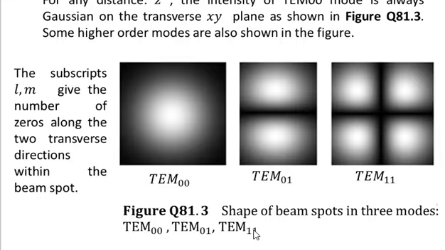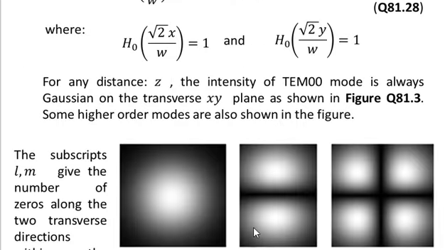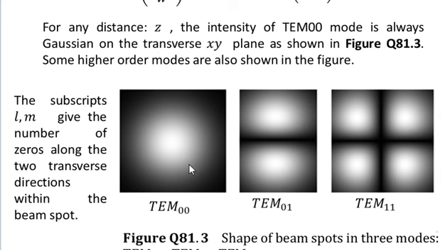So you see that I have explained in much greater detail the Gaussian profile, the TEM00 profile. I have discussed the beam waist and the Rayleigh distances.